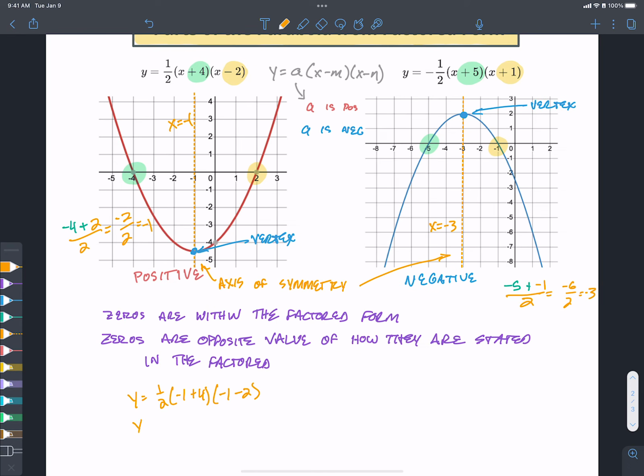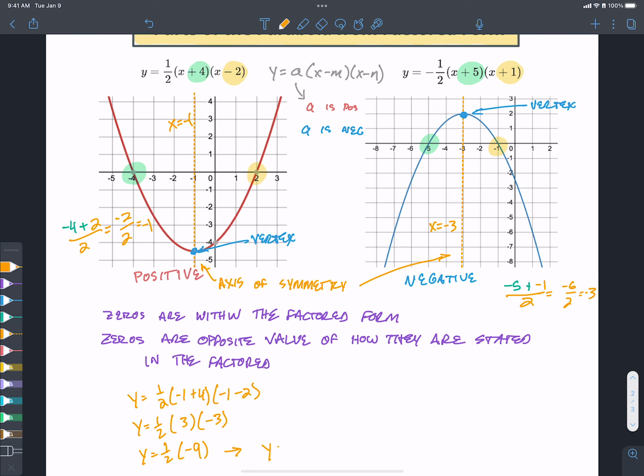All right, so y equals 1/2 times 3 times -3. So y equals 1/2 times -9.